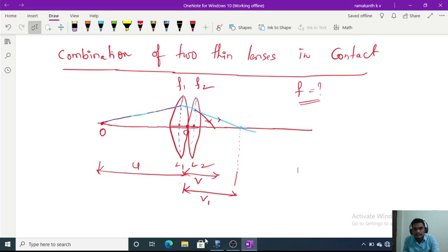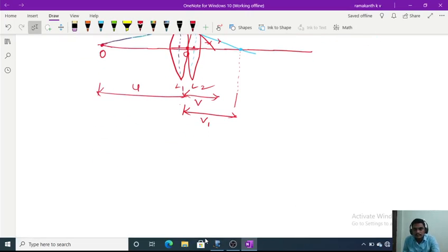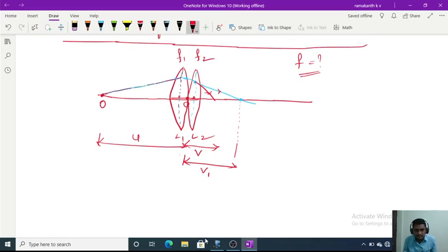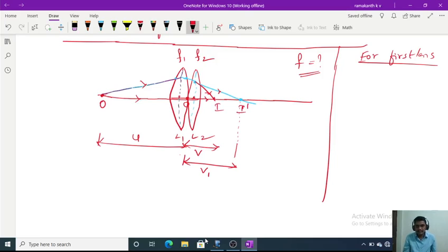For the first lens, apply the lens formula. For the first lens, this is a light ray. They will meet here, and this is the image due to only the first lens, I dash.